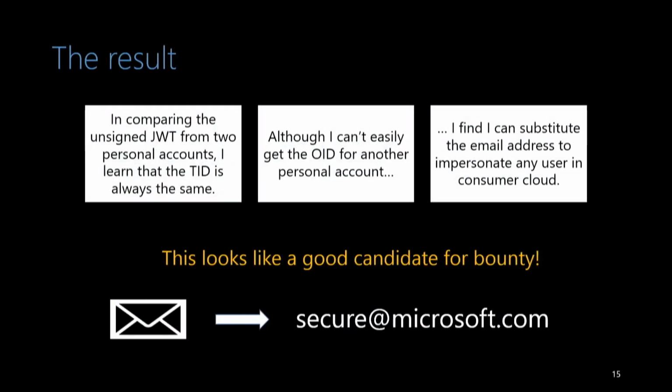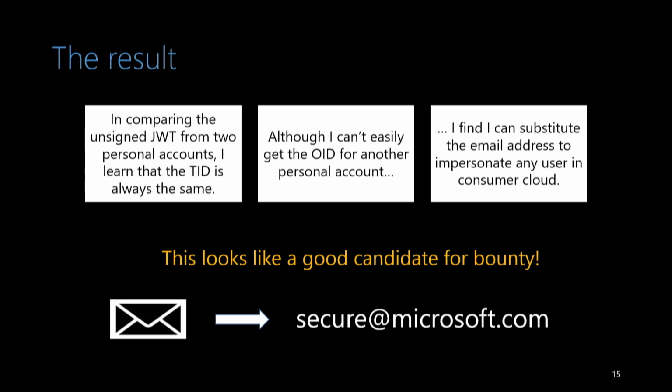Okay, so this is the final result. First, I found an authentication bypass on the Outlook Enterprise Service, and to make it even more critical, I finally escalated this issue from enterprise within the same tenant to affect all personal Outlook accounts, no matter whether you use live.com, hotmail.com, or outlook.com.